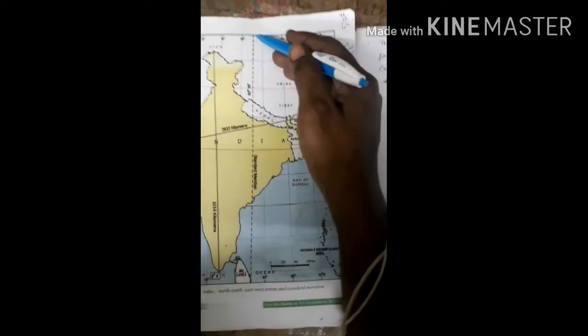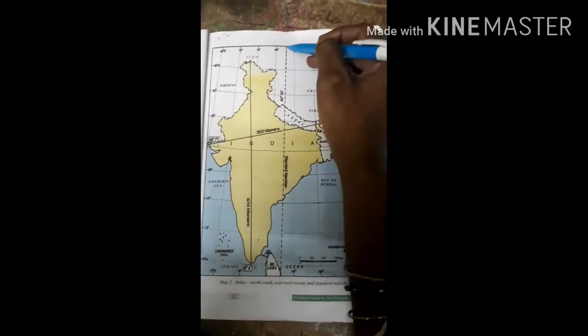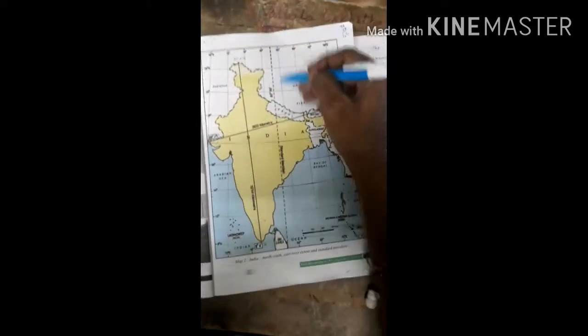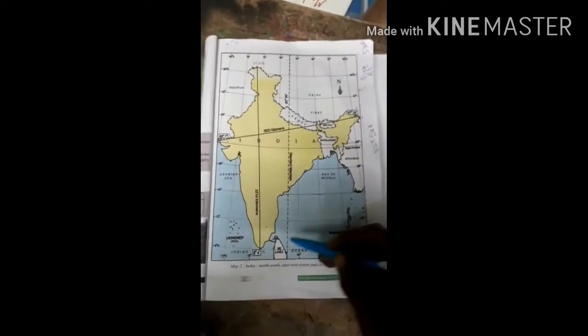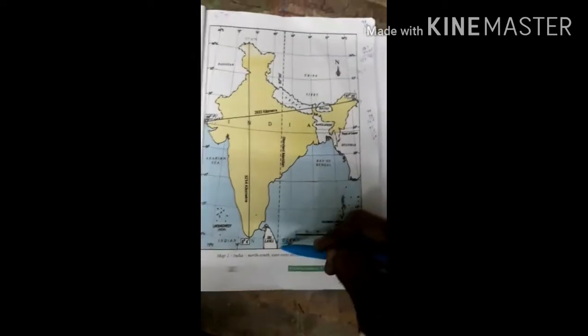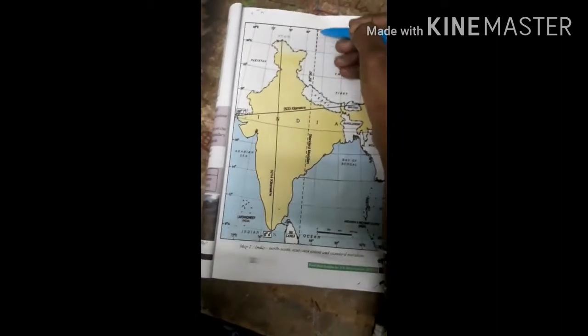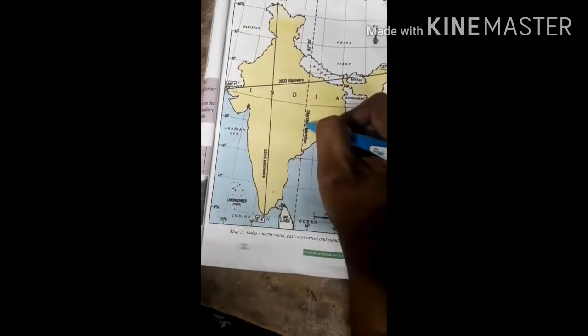To solve this problem, our geographers selected 82 degrees 30 minutes as the standard meridian of India. 82 degrees 30 minutes longitude is taken as the standard meridian time of India. Why was it taken?